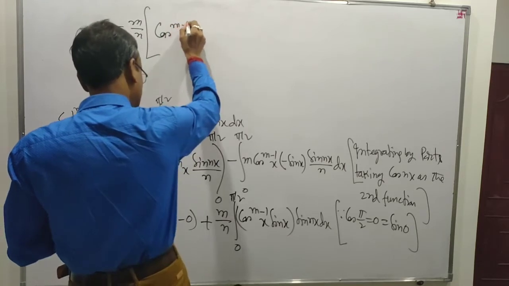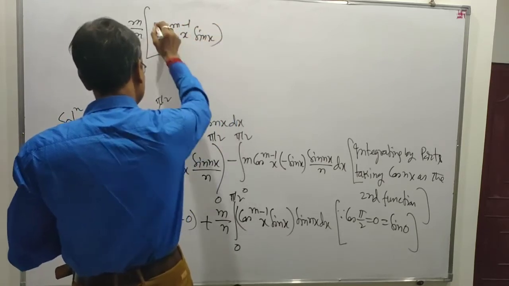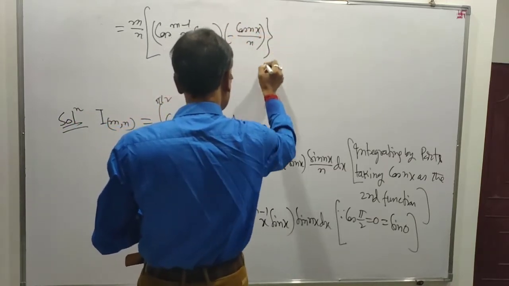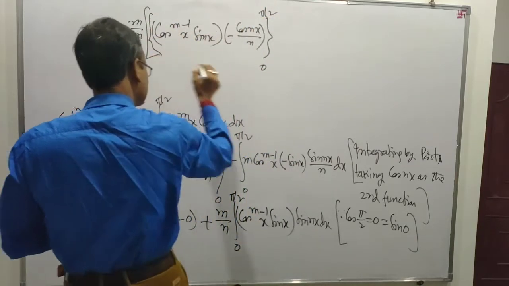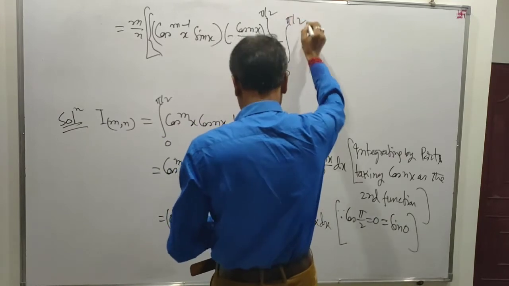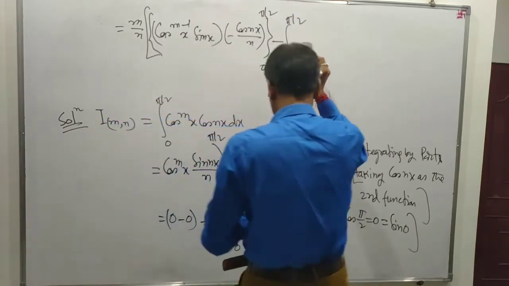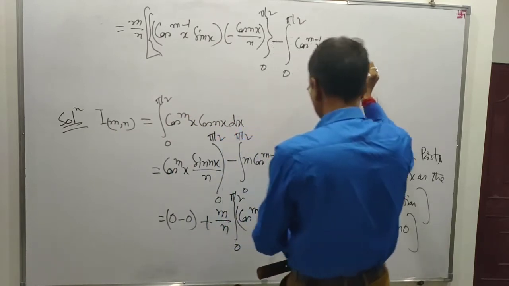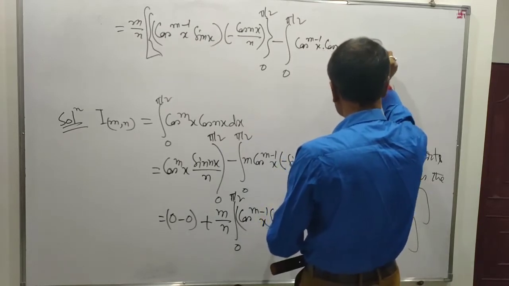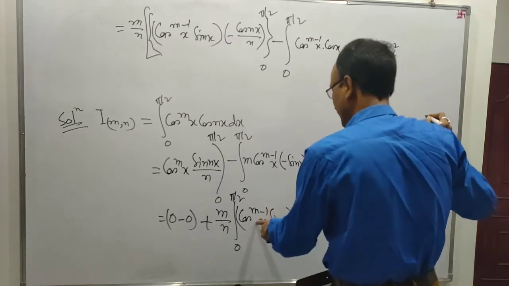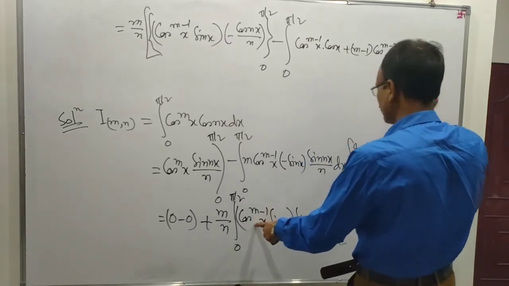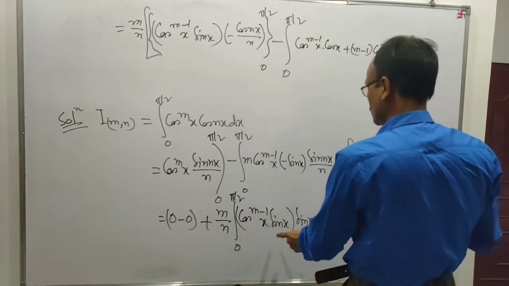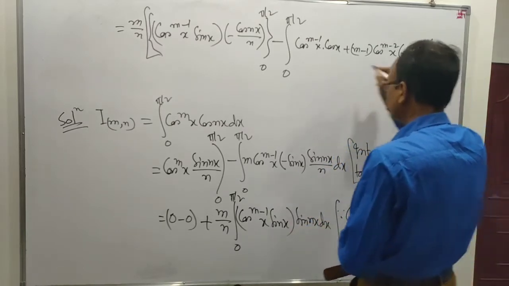First function, cos to the power m minus 1 x into sin x, into integration of the second function, cos nx divided by n, from 0 to pi by 2, minus the integral from 0 to pi by 2 of the differentiation of the first function, cos to the power m minus 1 x into cos x plus m minus 1 cos to the power m minus 2 x, again the differentiation of cos x is sin x, into the second function.